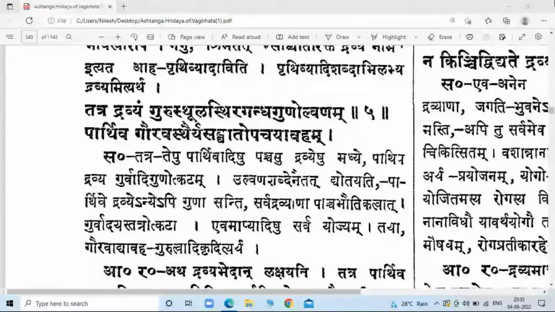When we look at the explanations regarding the paraparatvam in Charaka Samhita, Deshakala Vayomana Paga Virya Rasadishu Paraparatve, we meet with the concept of paraparatvam.